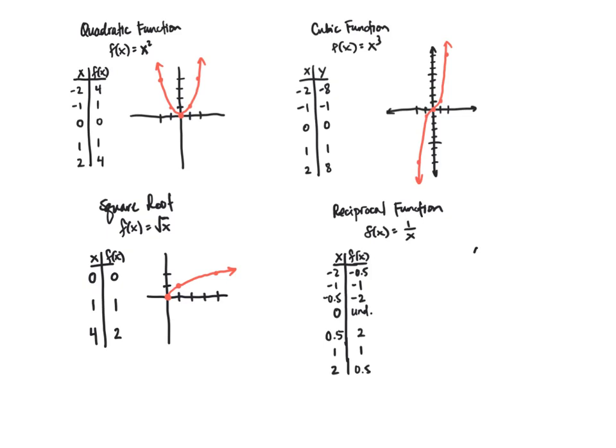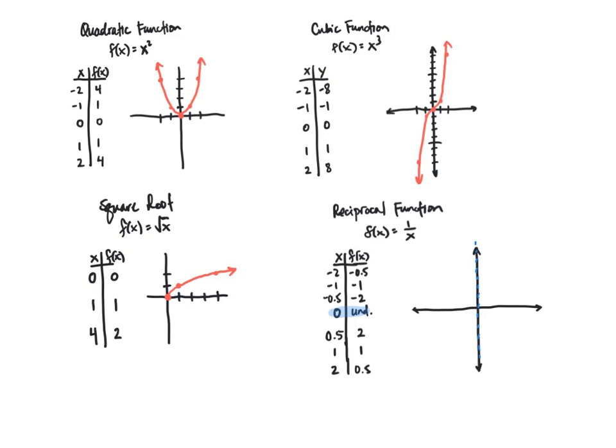So what happens with this one when you graph it is because you have this at 0, the function's undefined, you're going to have a vertical asymptote on the y-axis.